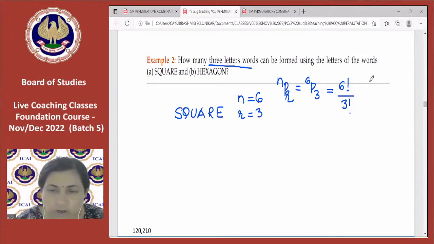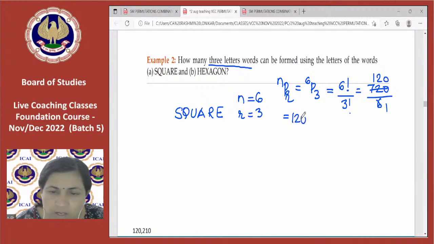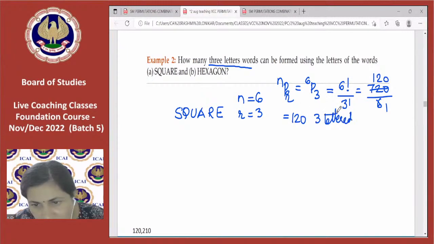Now, for small numbers up to 7, you need to know the factorials.